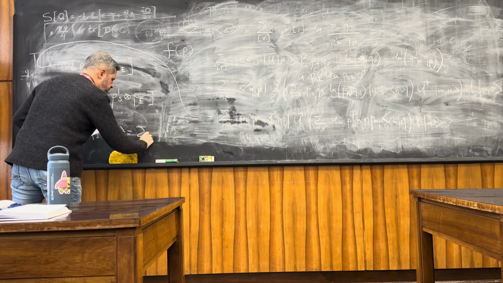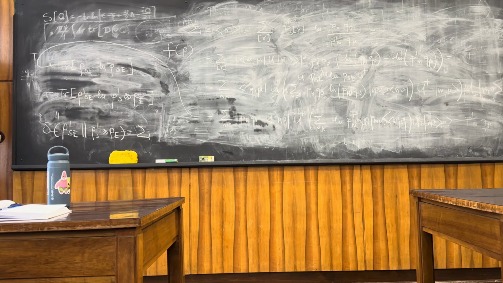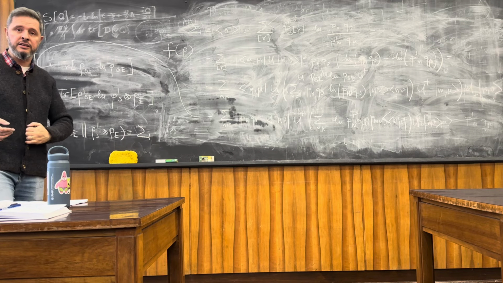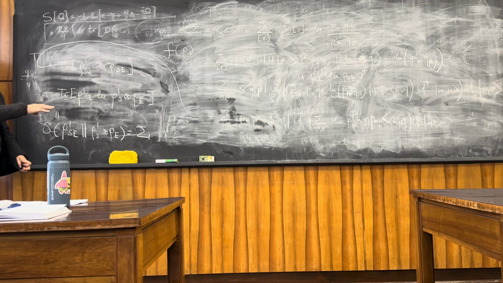So that's the only reason I wrote it in this way. That is perhaps physically not the best way to write it, as you will see in a second. But quantum information people like it because it's a relative entropy.